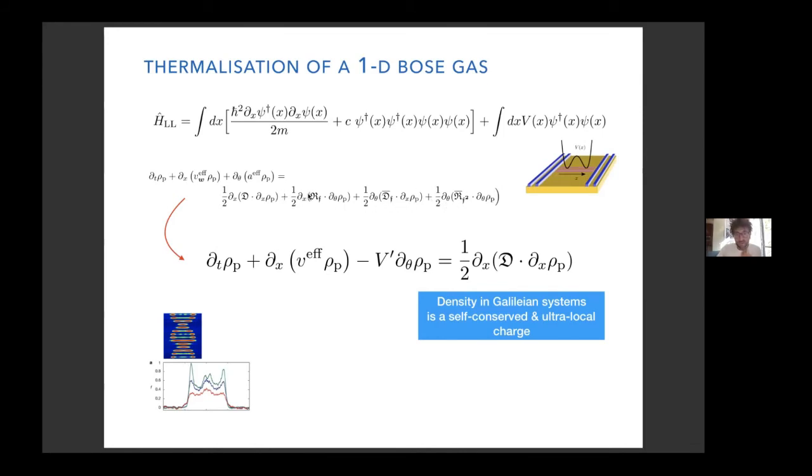Basically, all these terms go to 0 in the case that my external potential is just a coupling to a self-conserved charge, like the density in a Galilean system. So for any Galilean system like Lieb-Liniger, if I add a density modulation, I get an equation which is very simple.